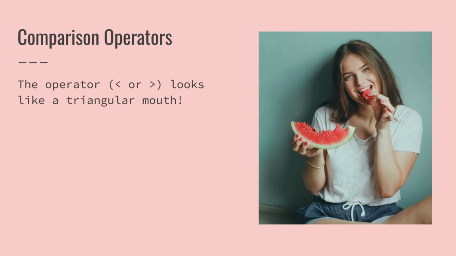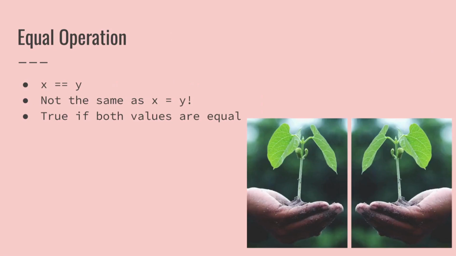I don't know how funny it is, but it's something to keep in mind. The triangle is usually open towards the value that should be bigger for it to be true.